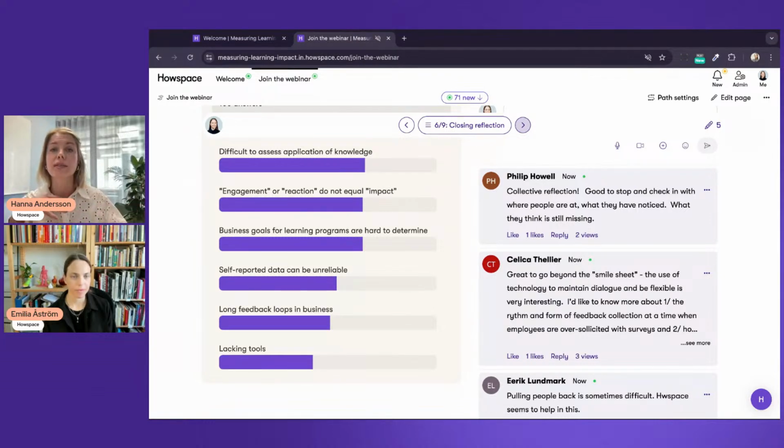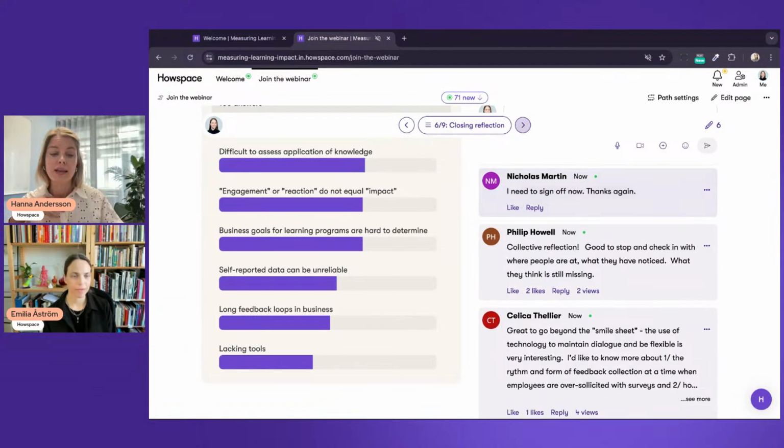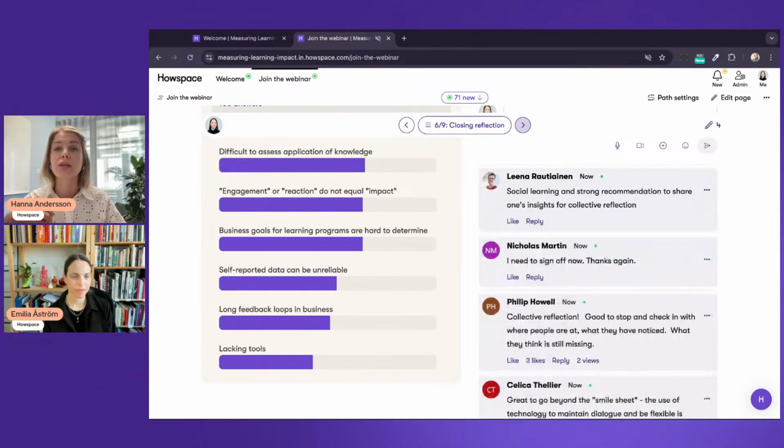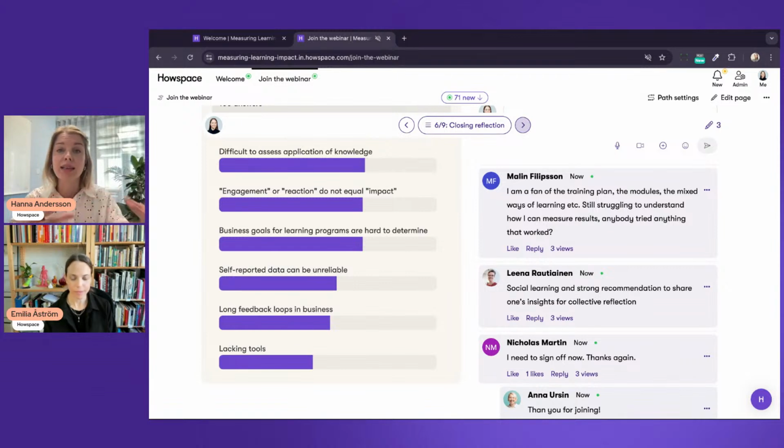Some were anonymous, some were such that we were using our own names. We are being invited and asked to react on other people's comments. So sometimes it's about bringing people back to see what others said, not just handing in their answers themselves. It's a continuous evaluation rather than something that only happens in the end.